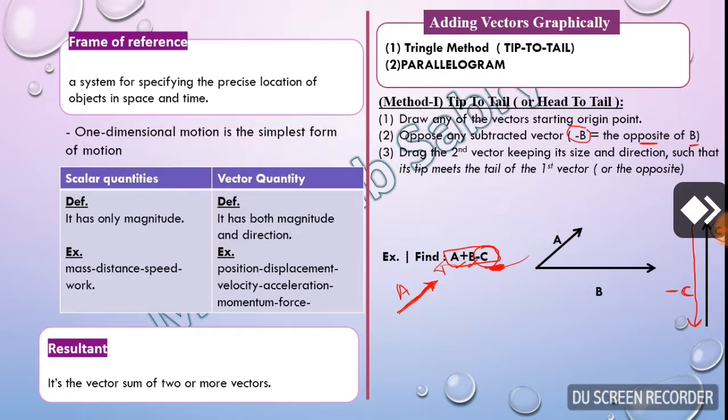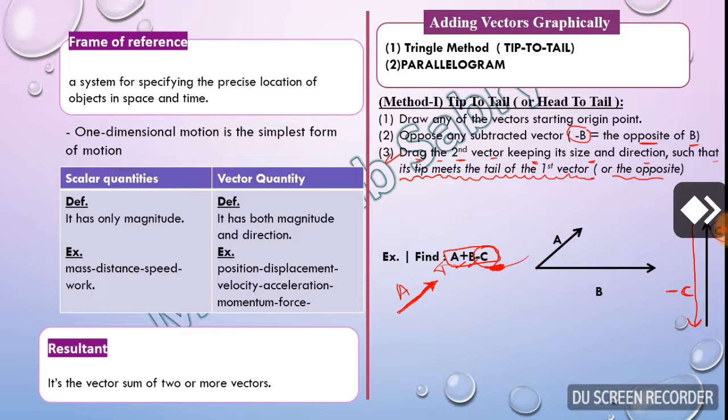The third step is to drag the second vector, any one also, keeping its size and direction such that its tip meets the tail of the first vector, or the opposite. What does it mean by opposite? Maybe its tail meets the tip. The most important idea: tip to tail, tail to tip, not tail to tail, nor tip to tip.